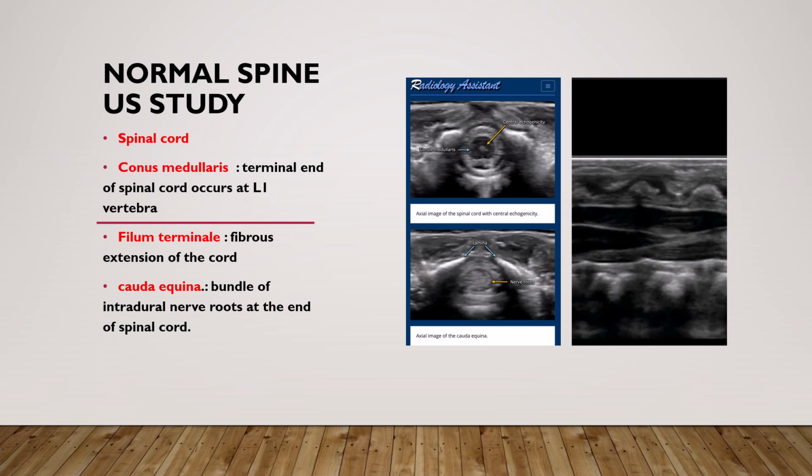And then the cauda equina, this is a bundle of nerve roots. This is the lower picture. This is the cauda equina. And if we go up, we can see the spinal cord with the central echogenic dot. And in the longitudinal image, you can see the cord and conus medullaris, and we can see the filum terminale and cauda equina.